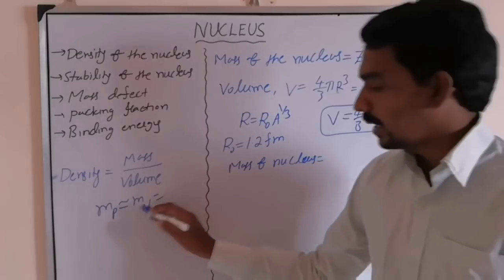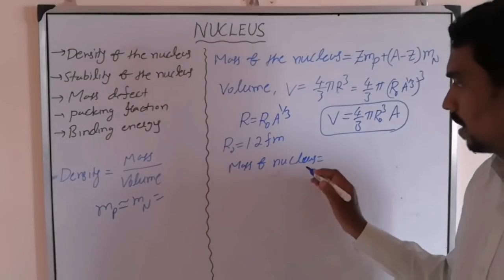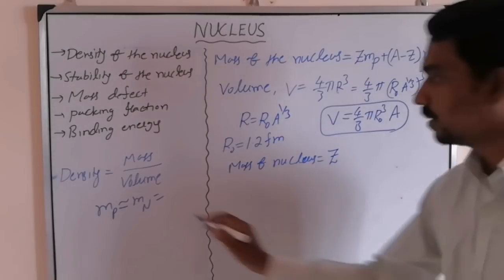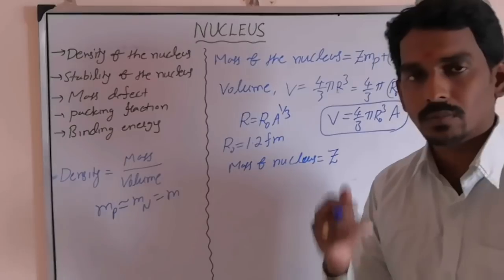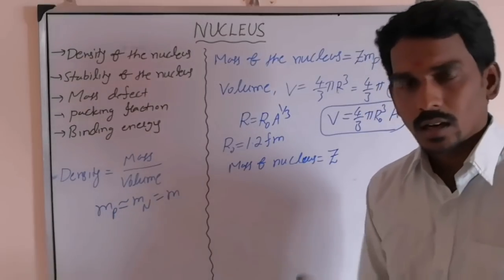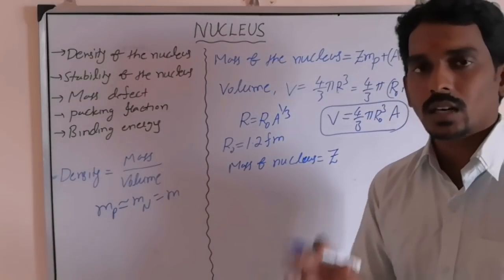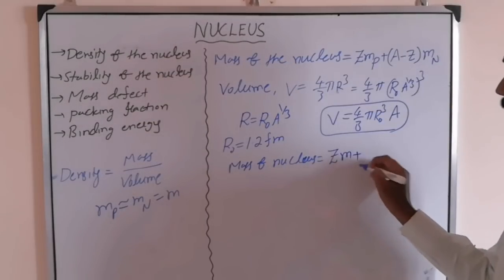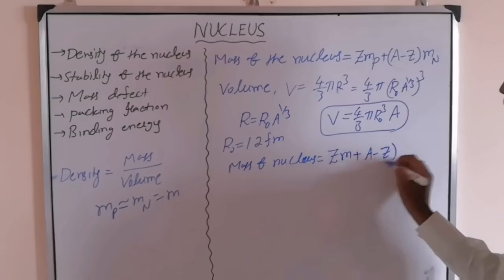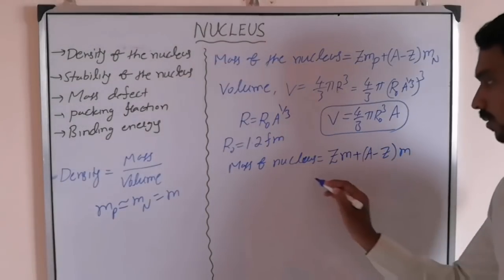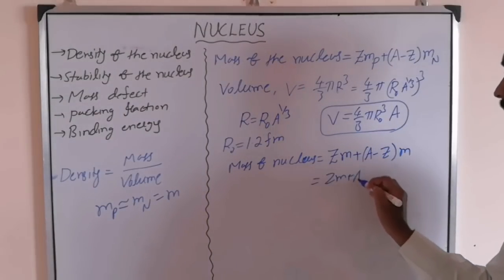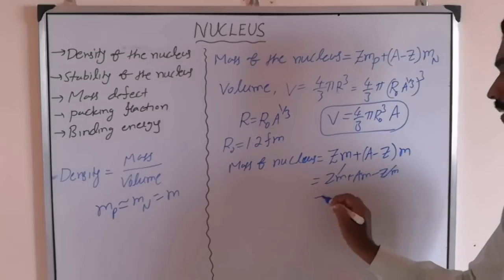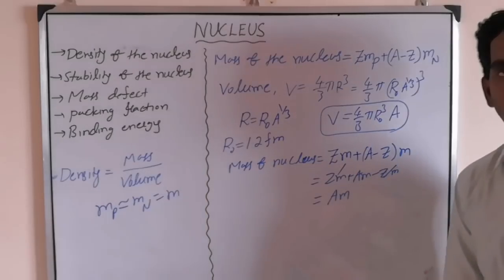Now, the mass of the nucleus becomes Z into m, taking m as the approximate mass, either of a proton or neutron. Z into m plus (A minus Z) into m equals Zm plus Am minus Zm, Zm cancels, so Am.